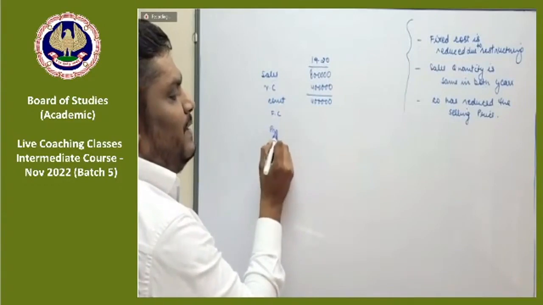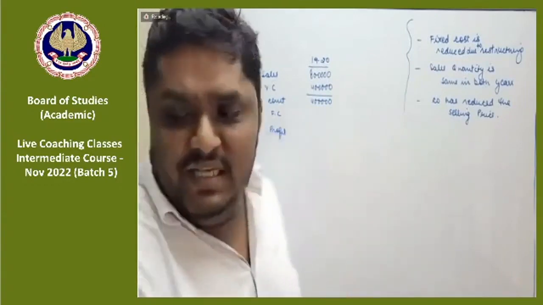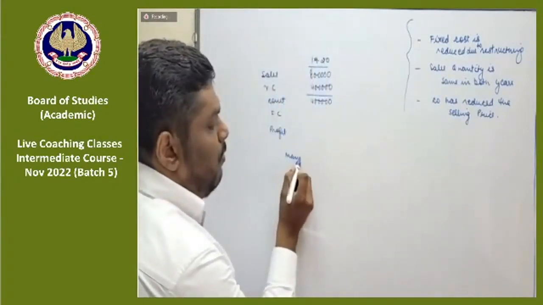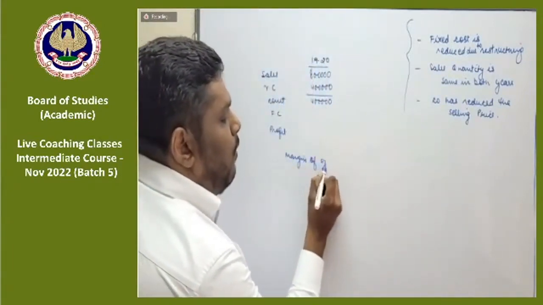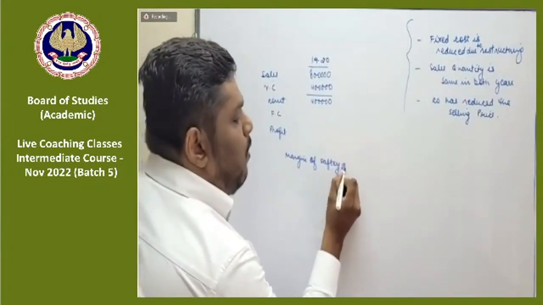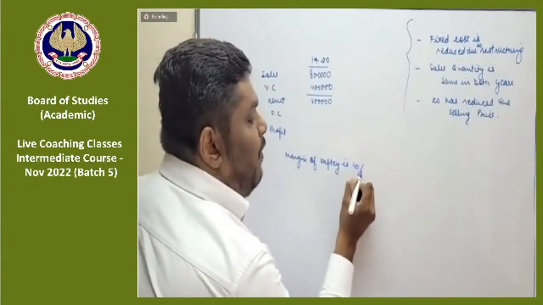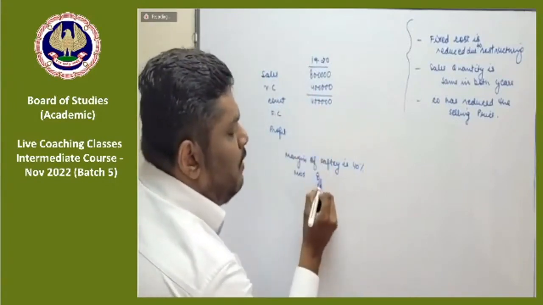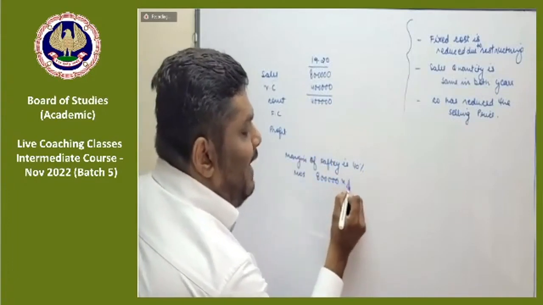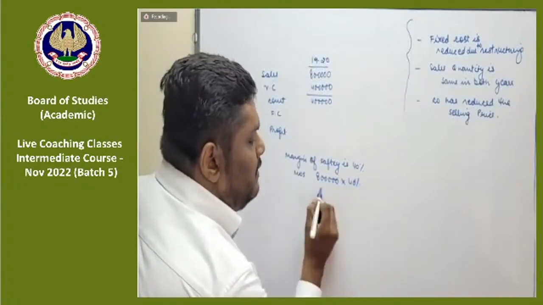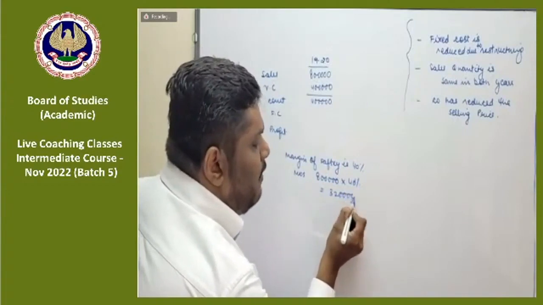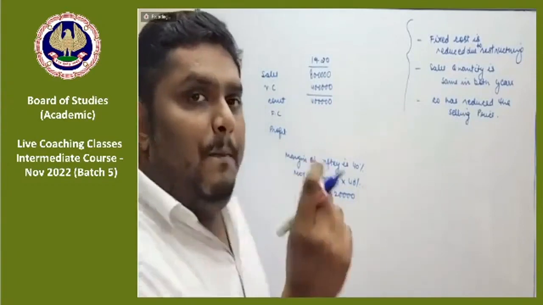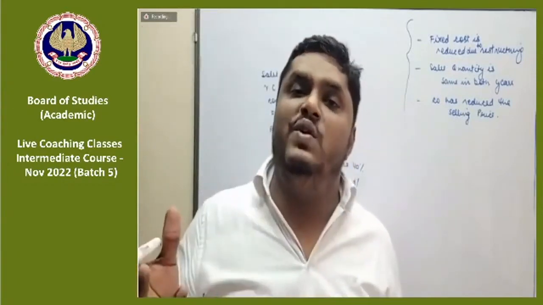Fixed cost is not given, but we have profit. Margin of safety is given, that is 40% of total sales. So margin of safety sales will be how much? 8 lakh into 40%, that is 3,20,000. Therefore, profit will be how much? Profit divided by PV ratio is margin of safety sales.